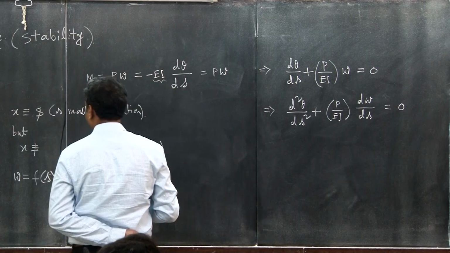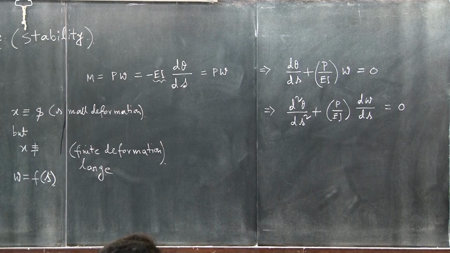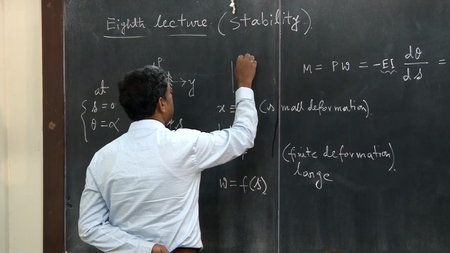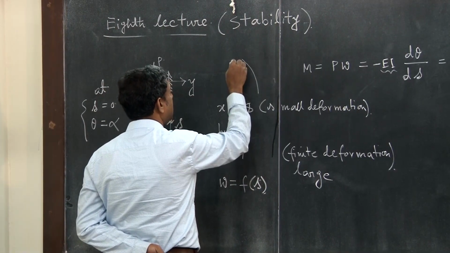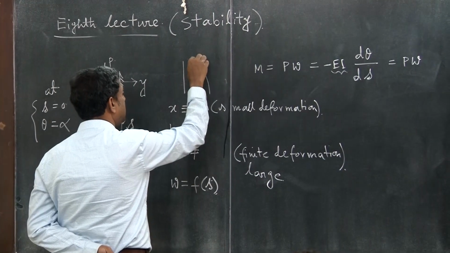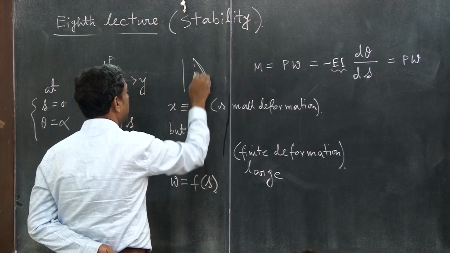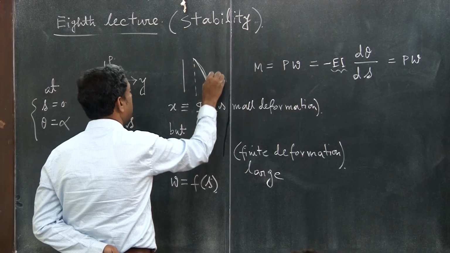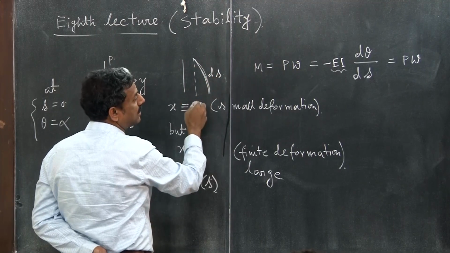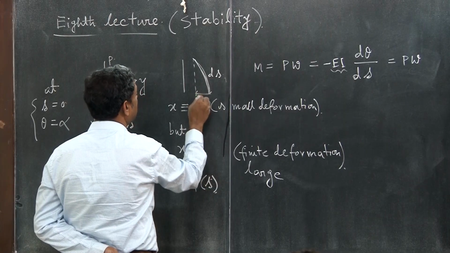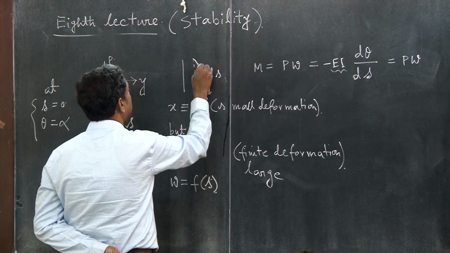Now if I consider the small segment here, like it is deforming, this is ds, and this is dw, and this angle is theta.